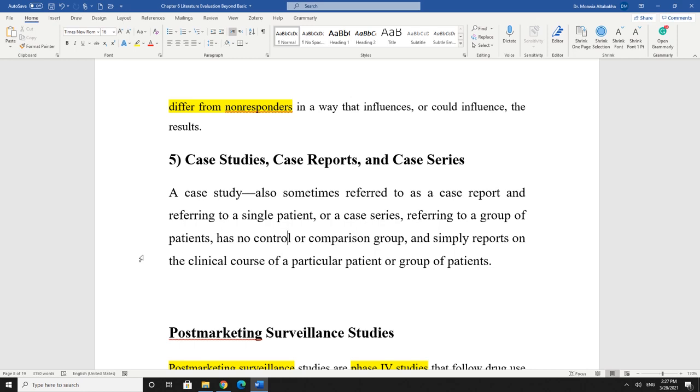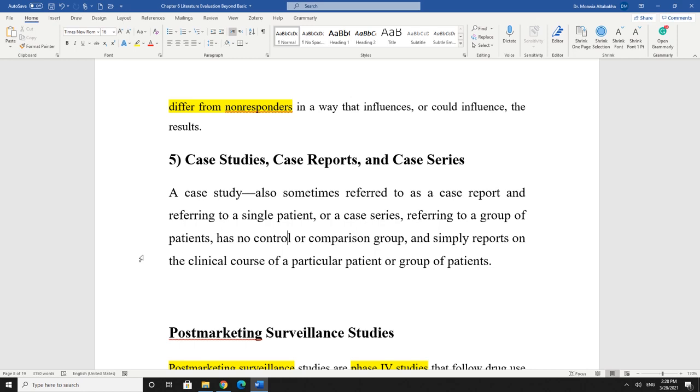No, they are useful in identifying maybe rare adverse effects. So the physician will know that this is a rare adverse effect, it's not in the drug labeling, it has happened before, and this is what has happened.